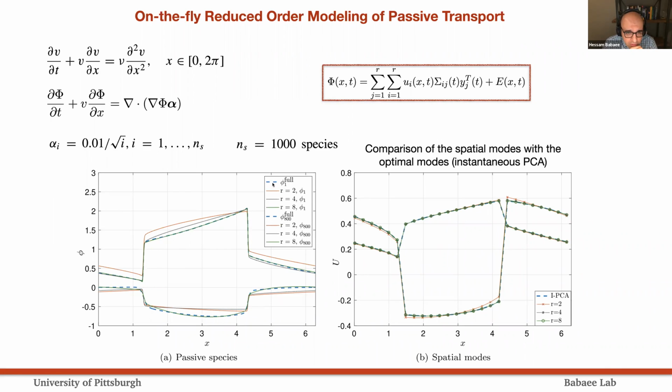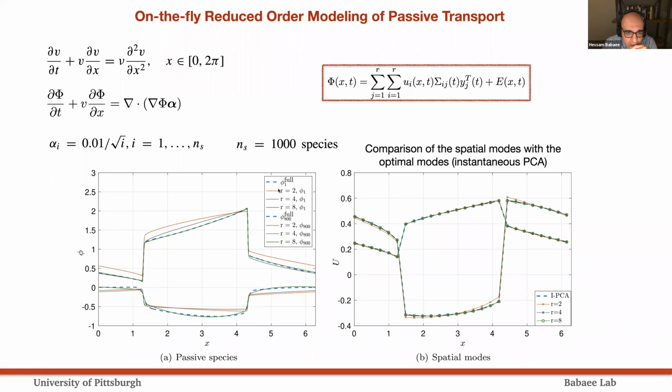So we're just showing the concentration of phi1 through phi1 and 800 with different reduction orders. So instead of solving these 1,000 PDEs coupled together, here we solve with only two modes, which is 2 PDEs, and then the rest of them are ODEs, which are not so expensive to solve, then 4 PDEs and 8 PDEs with this reduction.